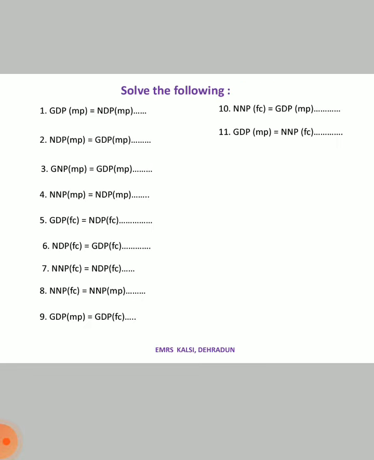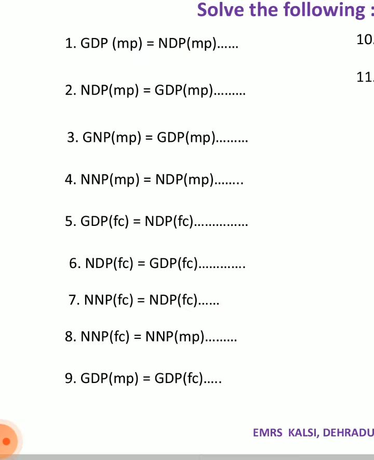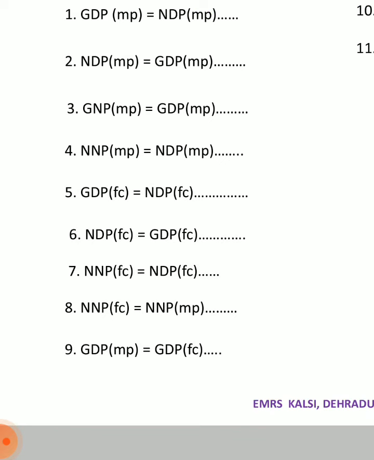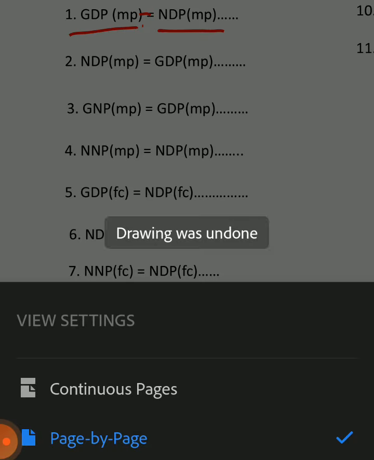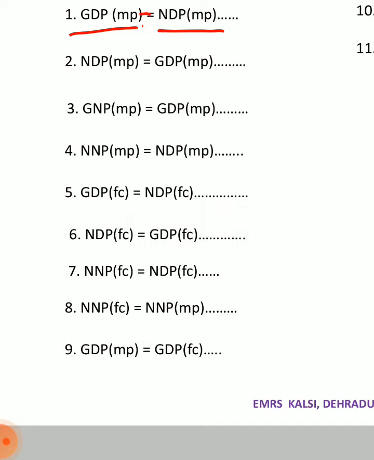So we saw how to write and how to pronounce. Now we will go back and see how to convert. Here our first question is GDP-MP equal to NDP-MP. The aggregate which is given on the right side of equal to is the given one.